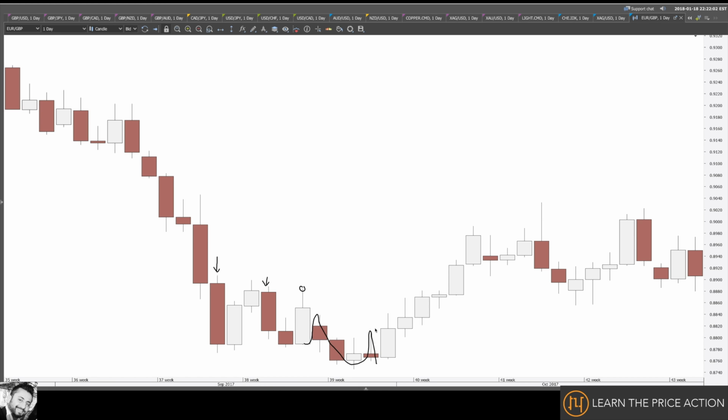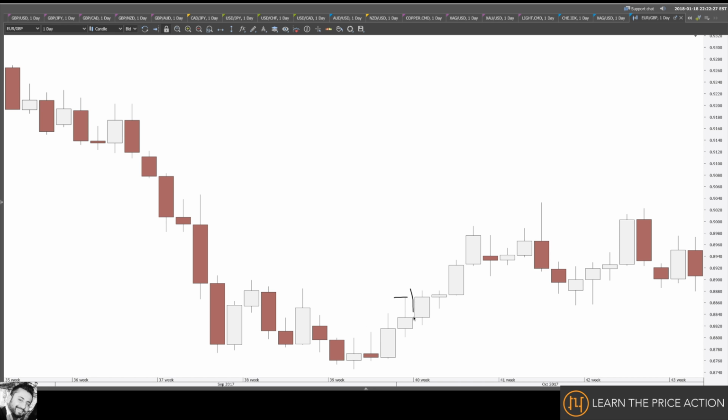And over here, notice what happened. The bulls breached this bar, and also breached this high, and then again there was a rejection. The bears were trying here, but once the bears tried, what happened after that?